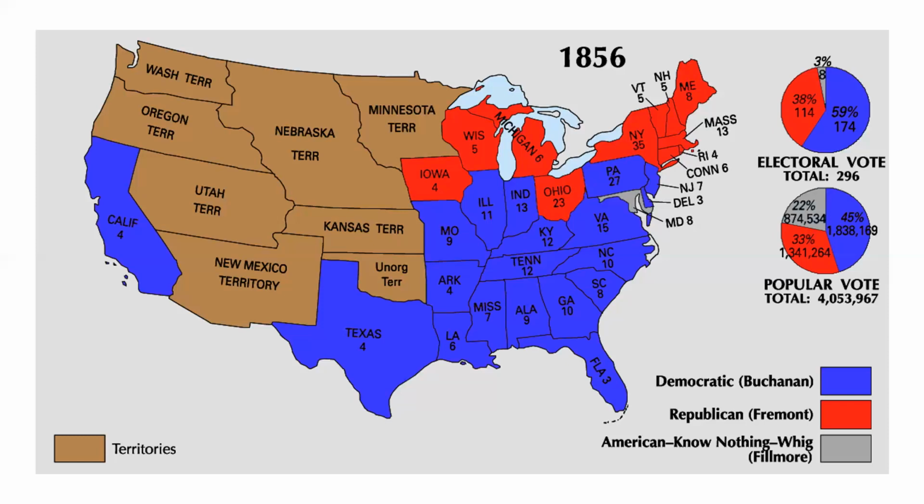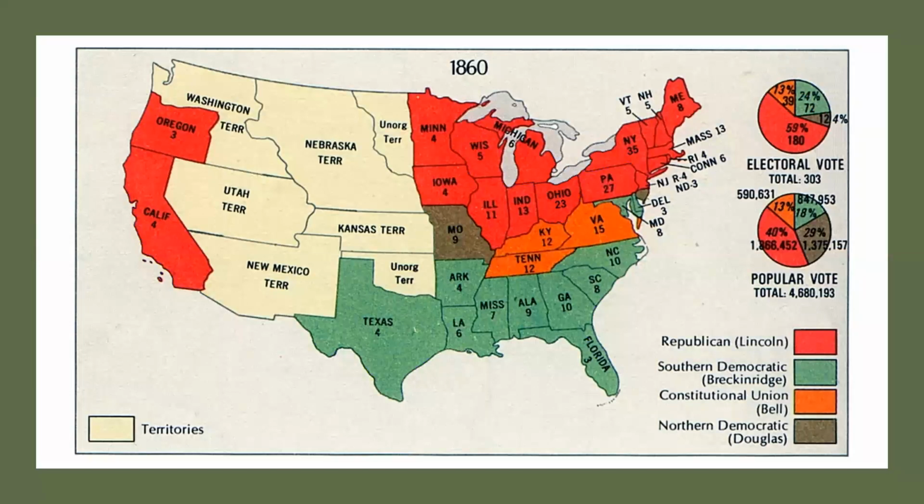Well, 4 years later, the Republicans were victorious, and Abraham Lincoln became president. Now, he only won 40% of the popular vote, but the Democrat vote was split.